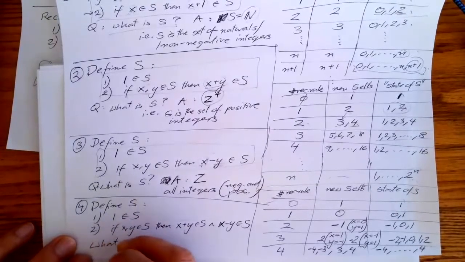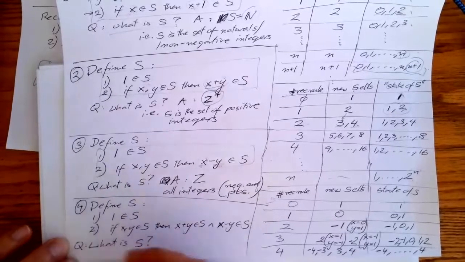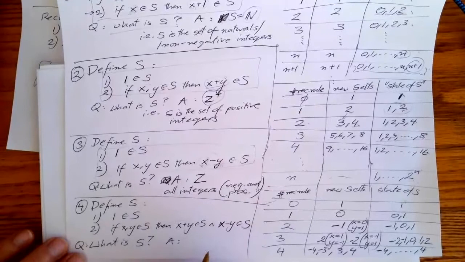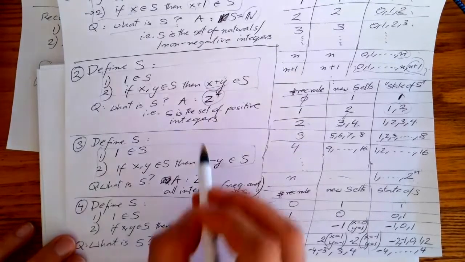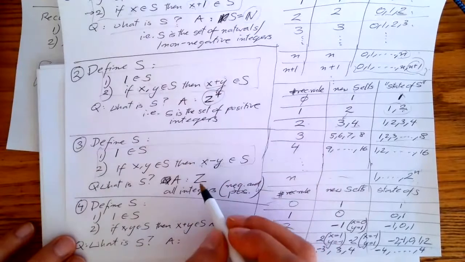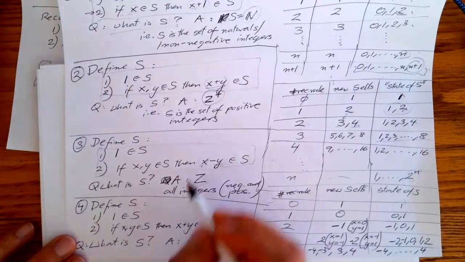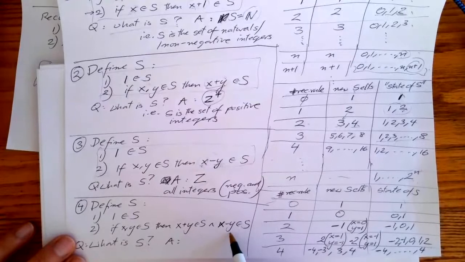What is S now? I don't know if somebody answered. It was positive here. It is all of them here. Which of these two cases will I hit if I modify the recursive rule like this?